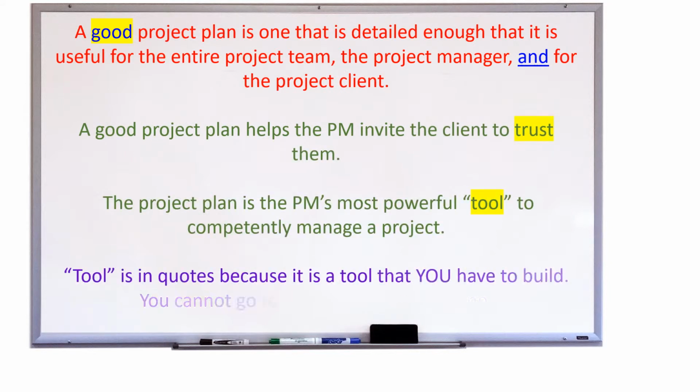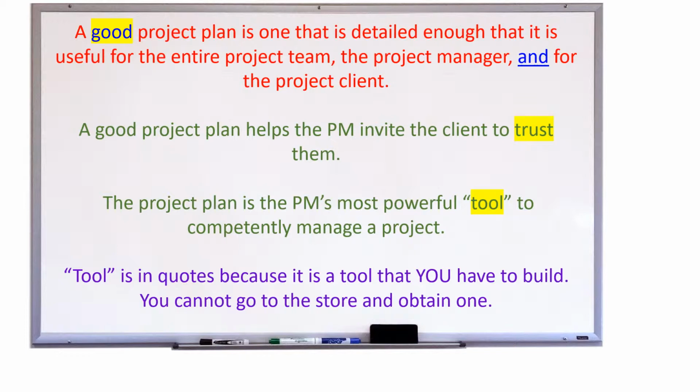So this first statement, a good project plan is one that is detailed enough that it is useful for the entire project team, the project manager, and for the project client. That is a pretty general statement that would apply to almost any project. However, lots and lots of projects have many project plans. They don't just have one.